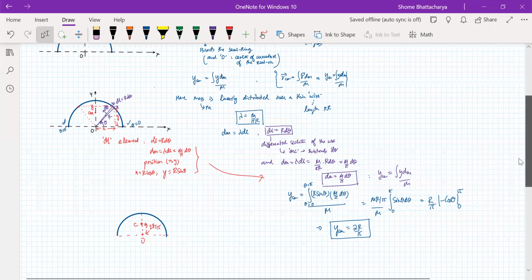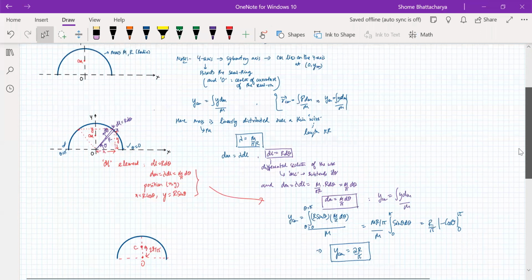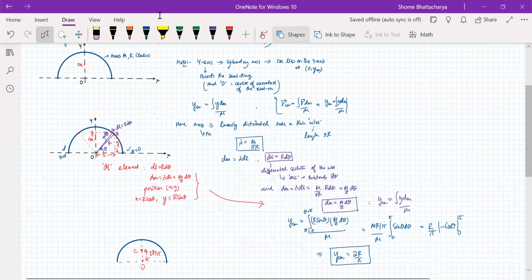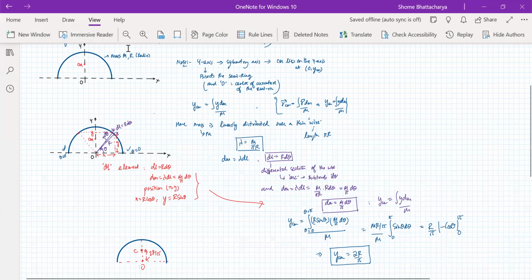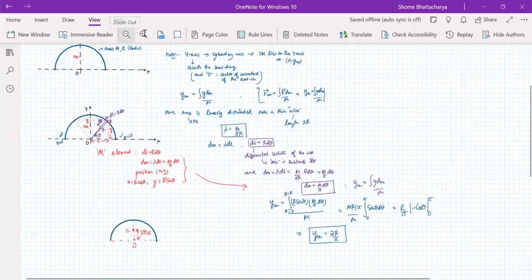Center of mass will lie close to the arc, right? It is somewhere between the arc and the center of curvature. Yes, so 2r by pi, it is above the midpoint, because r by pi is greater than half. Pi is 3.14, so r by pi is greater than half.